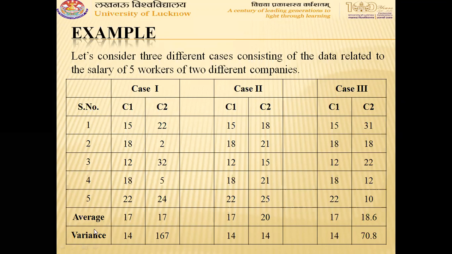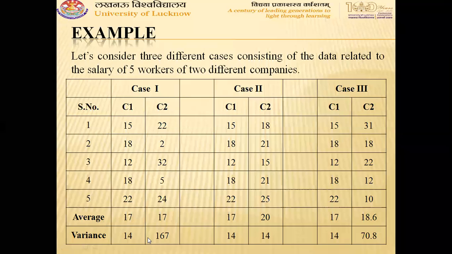Here you can see that the average salary for both the companies is the same, that is 17 units. But variances vary. For company C1, the variance is 14, and for company C2, the variance is 167. So which company should be preferred?